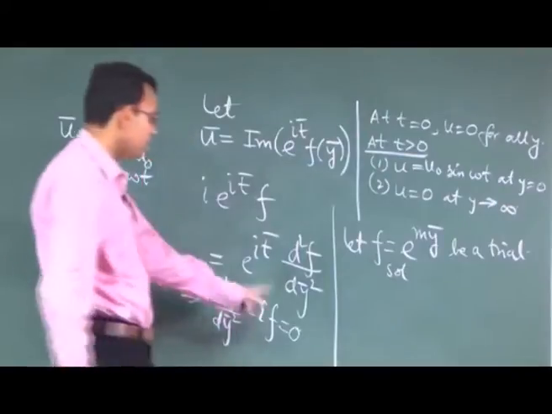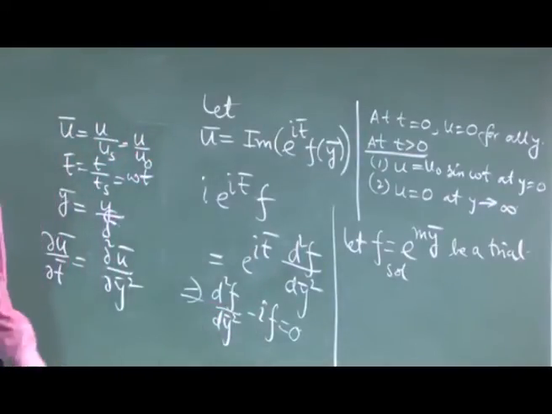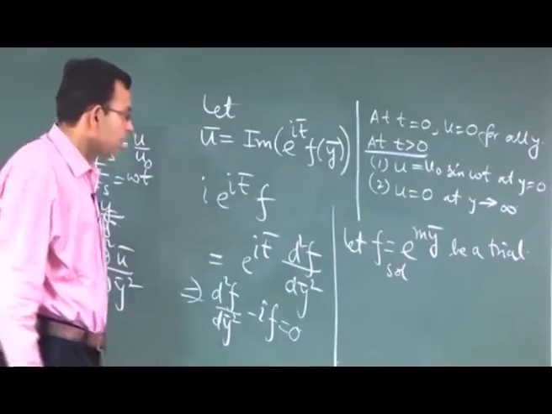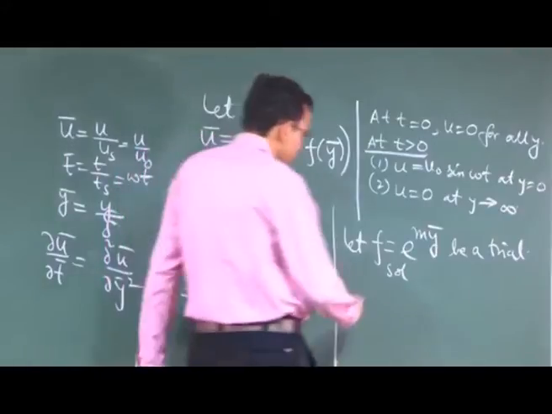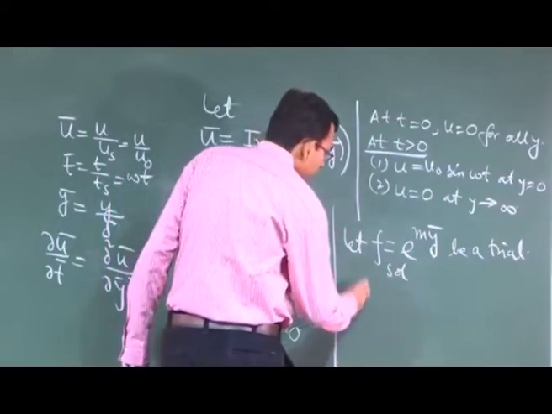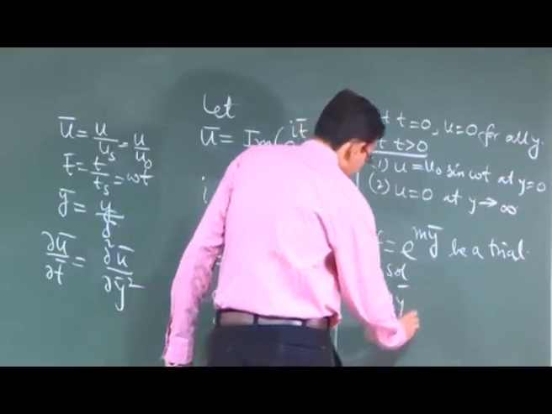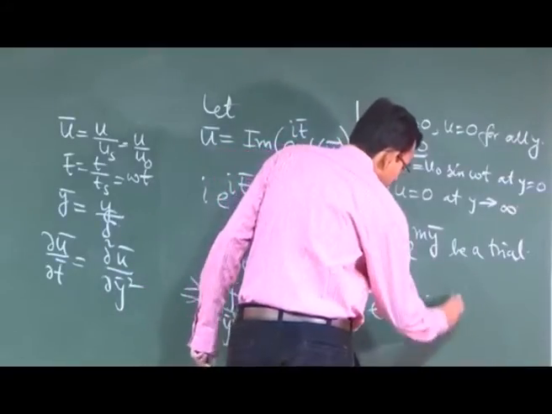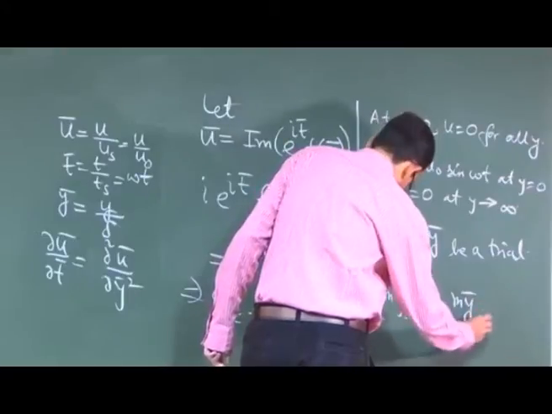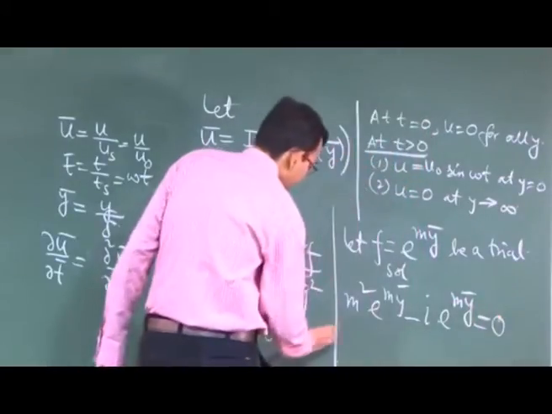This is a second order homogeneous linear ordinary differential equation. So, d2f dy2 is m square e to the power my minus I e to the power my is equal to 0 from here.